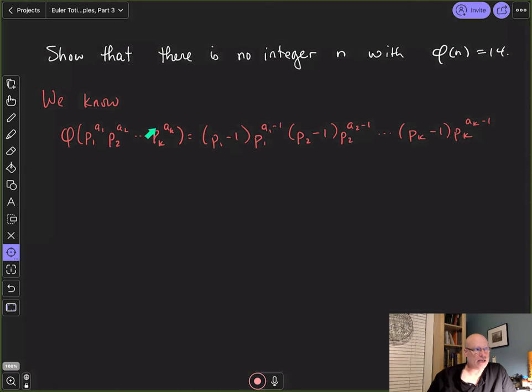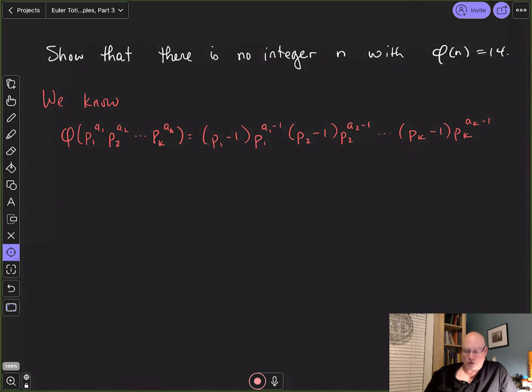Phi of that number is the product of all those primes, each to one less power, times one less than each of those primes. For instance, if the prime is 3, it's 3 to some power times 2. If it's 13, it's 13 to some power times 12, and so on. That's essentially what this formula is saying.